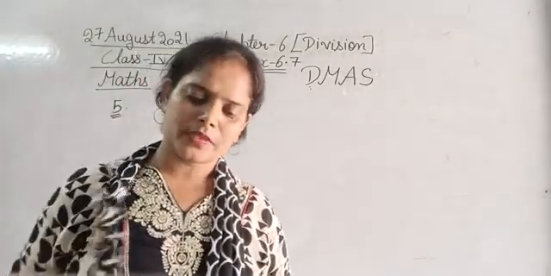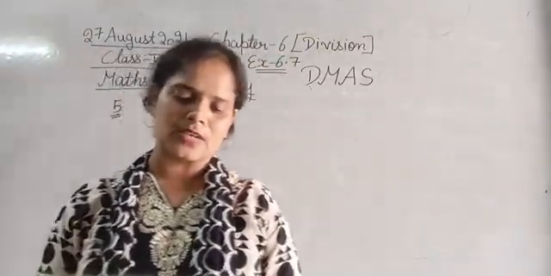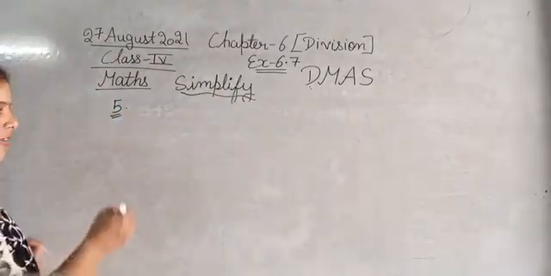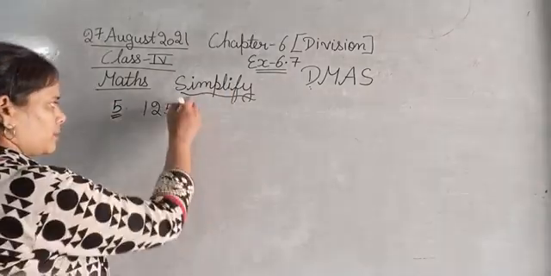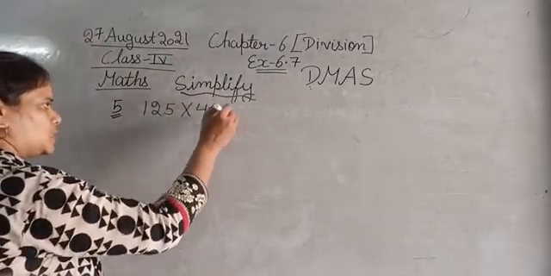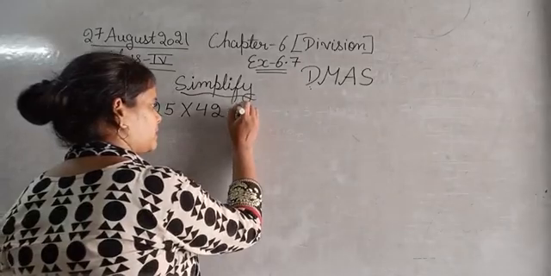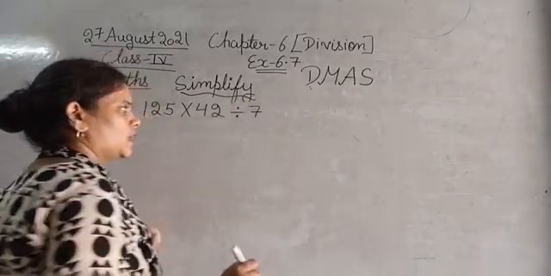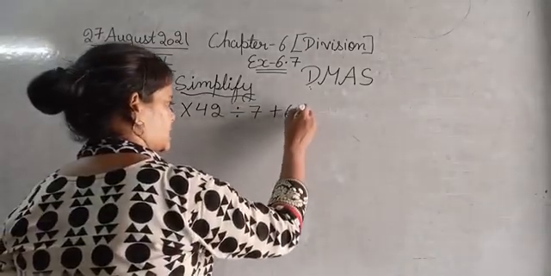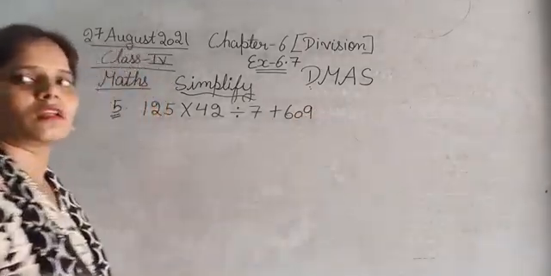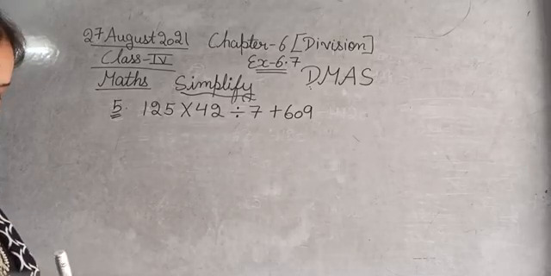So simplify 125 multiply 42 divided by 7 plus 609. 125 multiply 42 divided by 7 plus 609. Okay, so let's solve it.